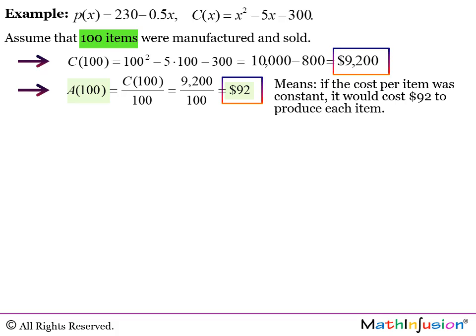It means that if the cost per item was constant, then it would have been $92 to produce each item. In reality, we usually don't have a constant cost for each one of the products.